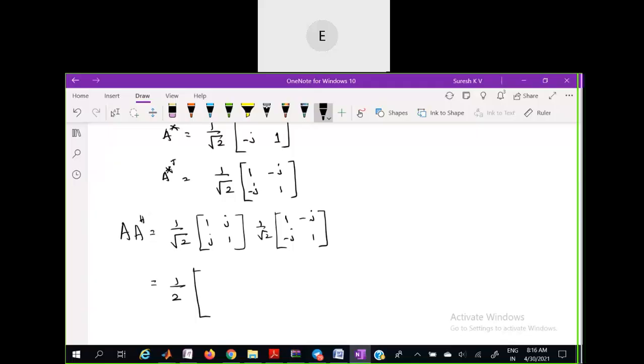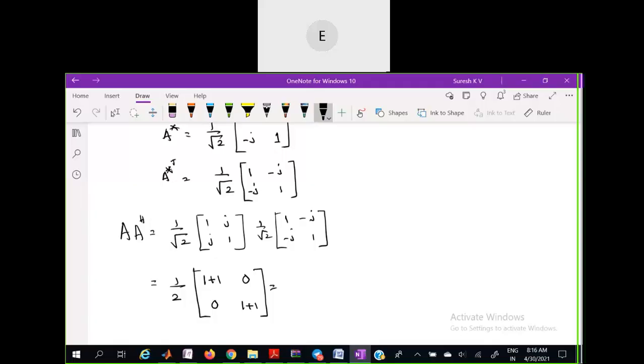Now I think you know matrix multiplication. 1 into 1 is 1. j into minus j is minus j square, and you know j square is minus 1, so I get 1 plus 1 here. 1 into minus j plus j into 1 gets cancelled, you will get a 0 here. j into 1 plus 1 into minus j gets cancelled, a 0 here. j into minus j is minus j square, which is plus 1, so you will get 1 plus 1 here.